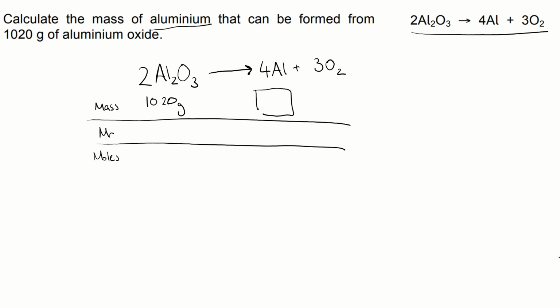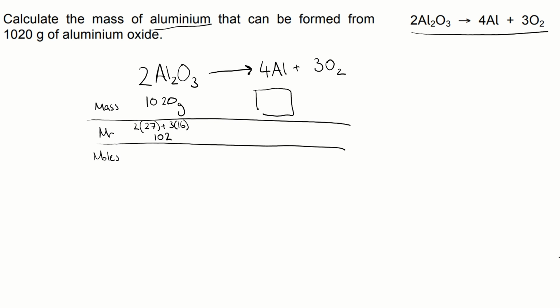Now we need a periodic table. And using our periodic table, we know that the MR of aluminium is 27. So it's 2 times 27 plus 3 times 16, and you get 54 plus 48, you get 102.